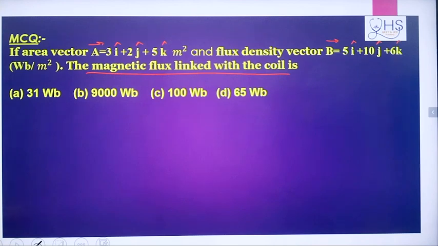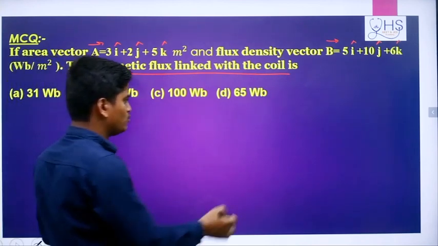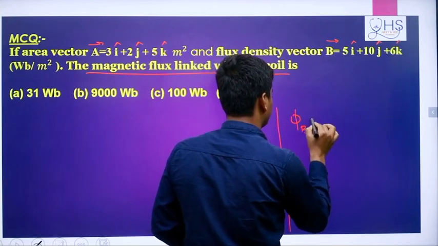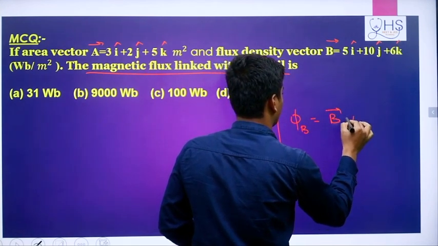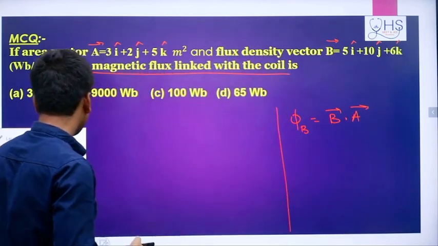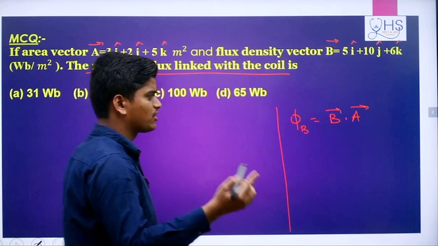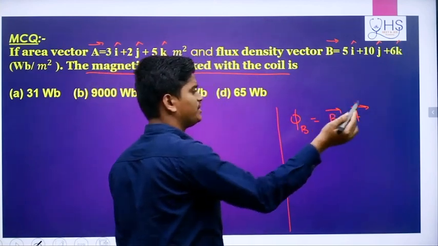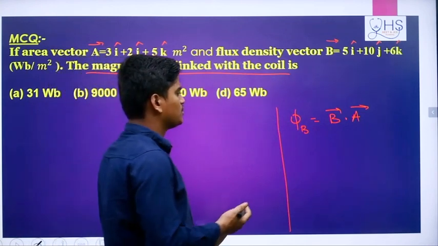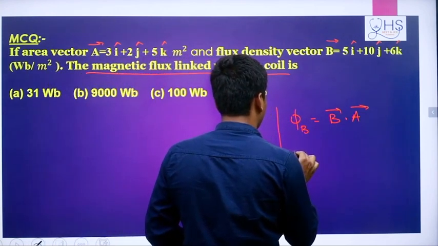The magnetic flux linked with the coil is what? Now to do this, what do you have to do? We know magnetic flux is B dot A, and normally we calculate B A cos theta, and theta value is substituted, B will be given, A will be given, we put directly, but it is not given like that.